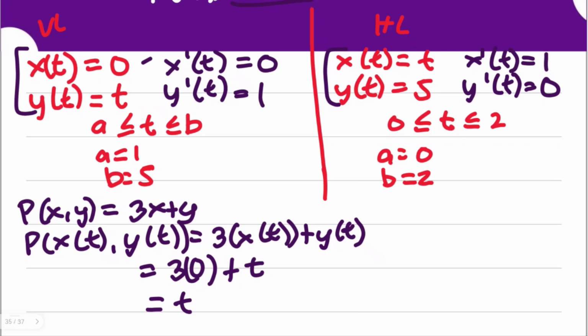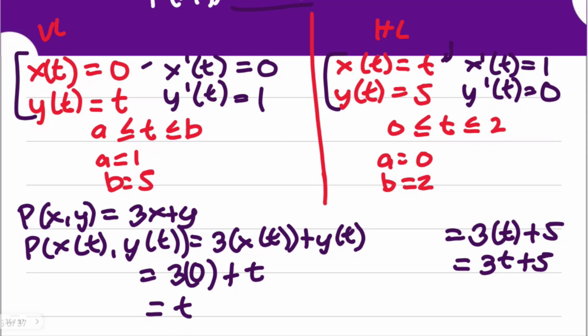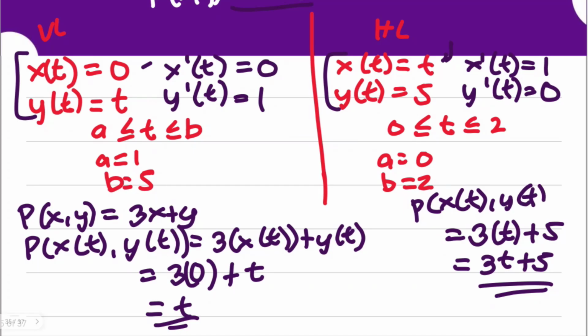This is for your p function for the vertical. But if you apply this for your horizontal line path, 3 times x of t is 3 times t, plus your y of t, which is 5, is a binomial expression 3t plus 5. See, they are different, but they are both p of x of t and y of t, assigned on different paths.